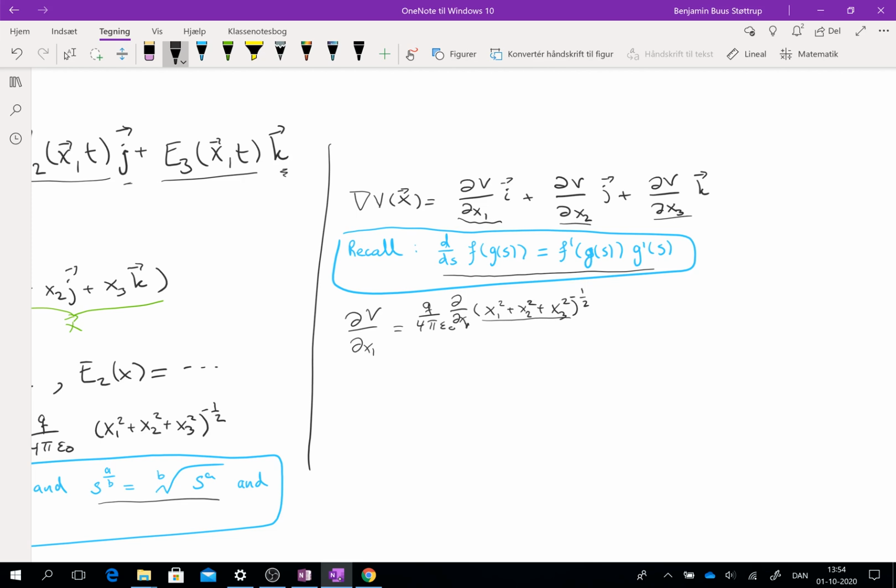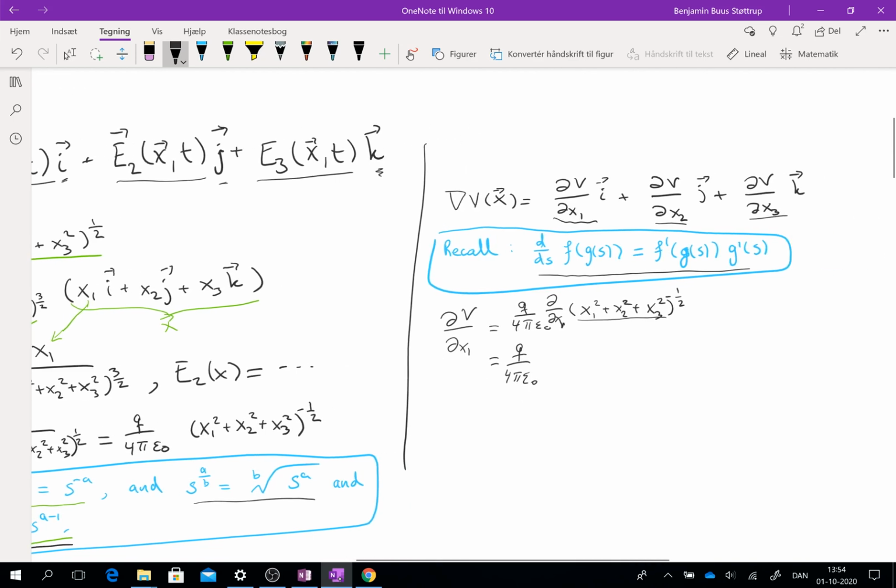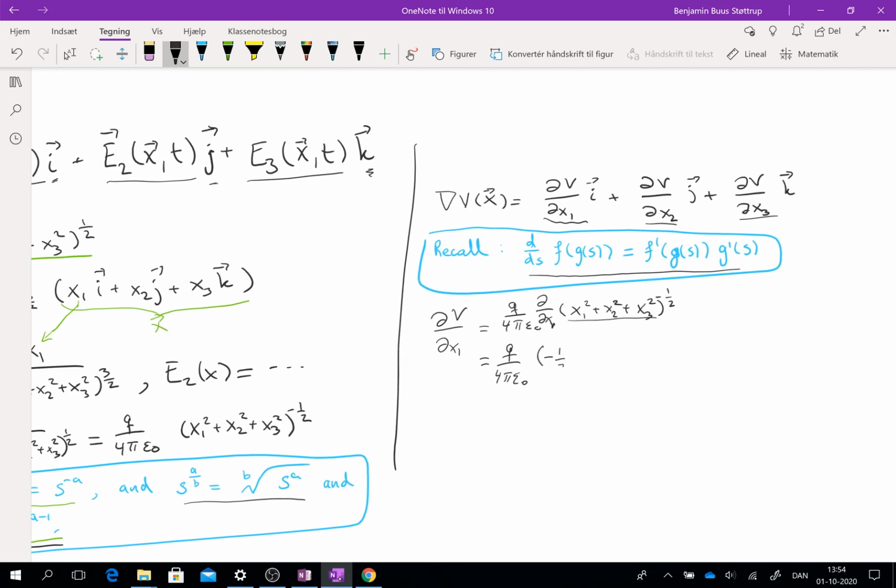and multiply on what we got from the outer function. So if we do it, let's see, q divided by 4 pi epsilon 0, and then we use this neat formula we had down here, this one, to say, okay, minus 1/2 goes in front, and then we keep the inner function, that's from the chain rule, and then we had to subtract 1 from this minus 1/2, which gives minus 3/2.